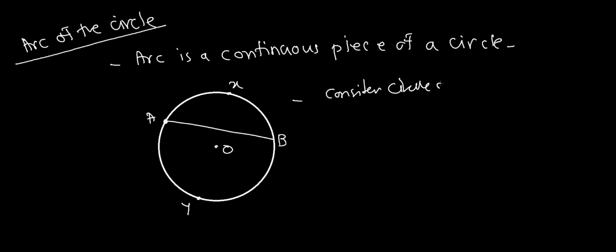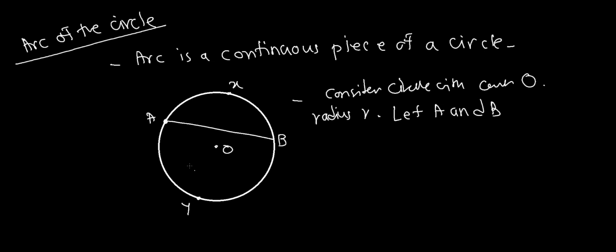So consider a circle with center O and radius R. Then let A and B, I am just describing the arc of the circle in terms of geometry. So that's why I'm explaining here the properties of this circle.